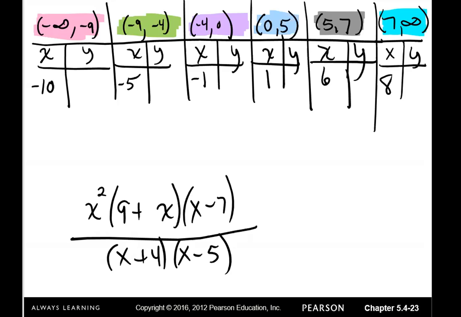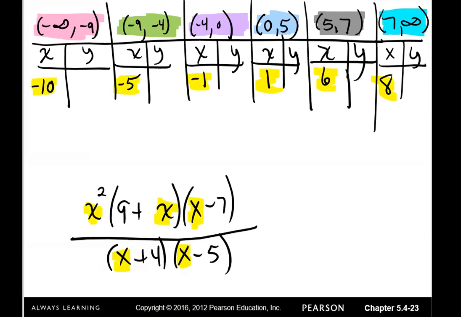And for every one of these numbers, which I'll highlight in yellow up here, you have to take the negative 10, the negative 5, the negative 1, the 1, the 6, and the 8, and plug them everywhere there is an x in this function. Plug and chug and do the math.